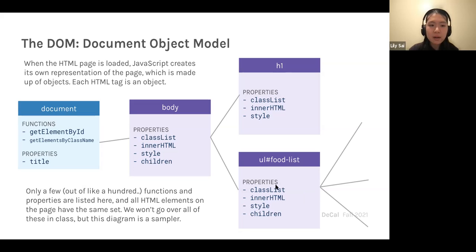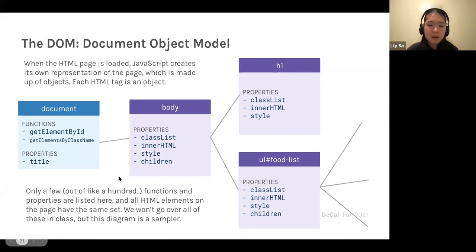Here you'll also see that we have listed functions and properties within each of the HTML objects. But in reality, there are so many more. If you display them all in the console when you want to debug, you have to scroll for a while to get through all of them, because there are things like accessibility properties and different ways of retrieving the items.